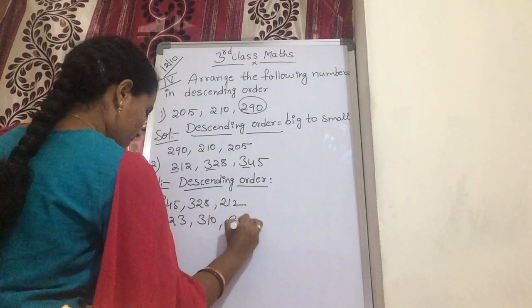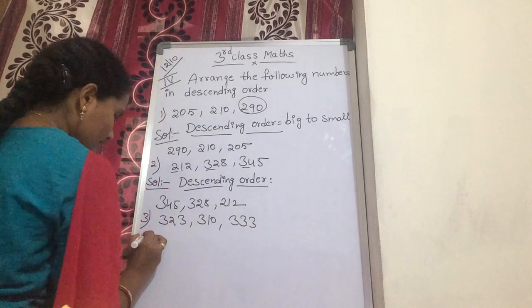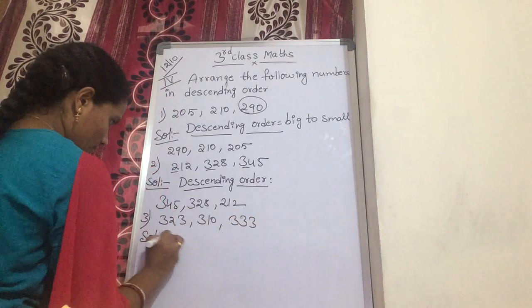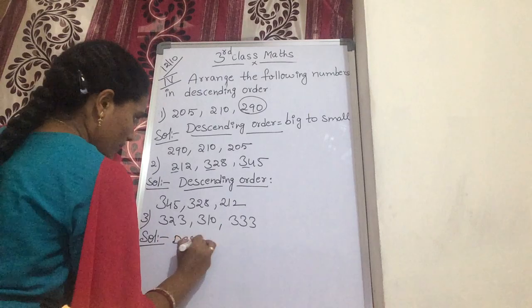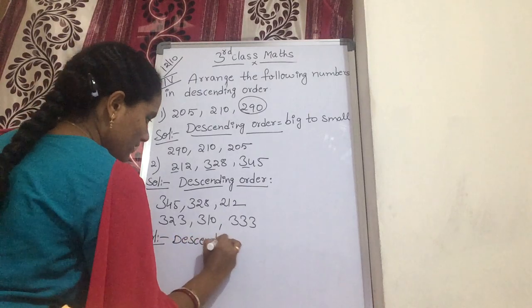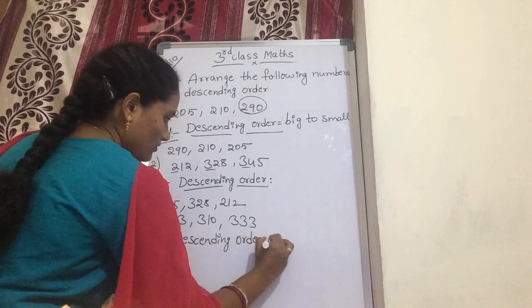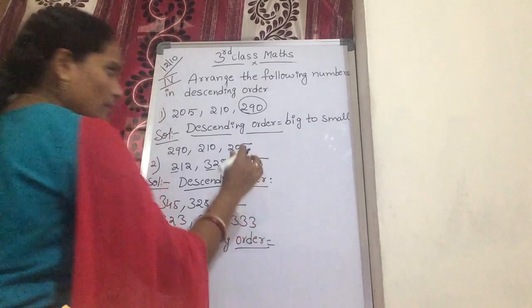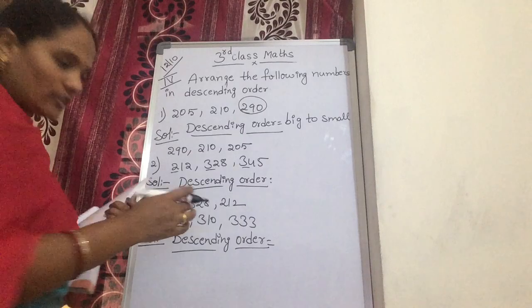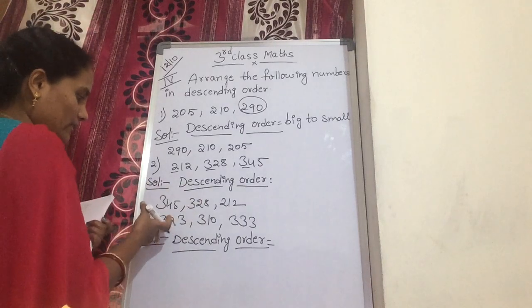Now the third one: 323, 310 and 333. We are arranging in descending order. Descending order means what? Big to small. Now tell me children, which one is the big number?